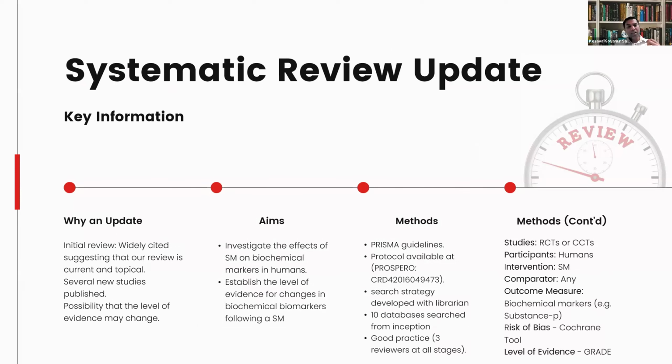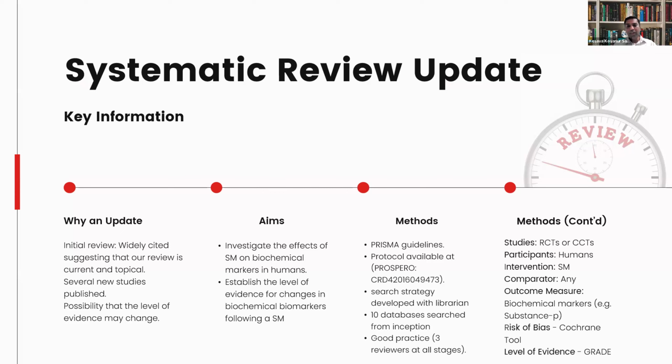And the reason to do an update was that our initial review was widely cited. There was quite a lot of attention on that systematic review, suggesting that our review was still current and topical. And since our review was published, there were quite a lot of articles published on this hypothesis, investigating how spinal manipulation would work.